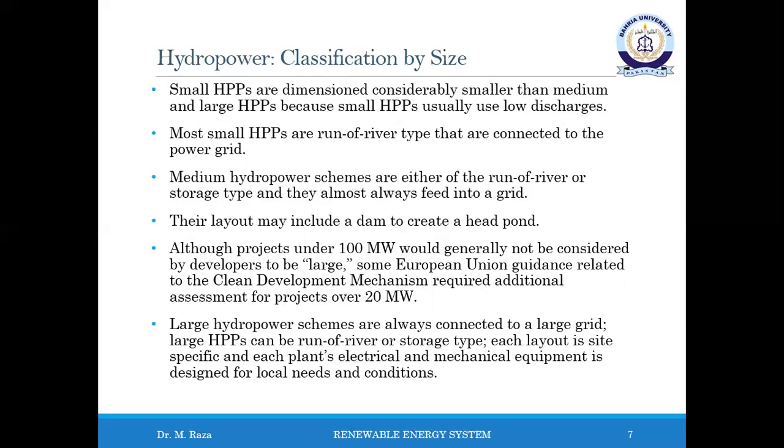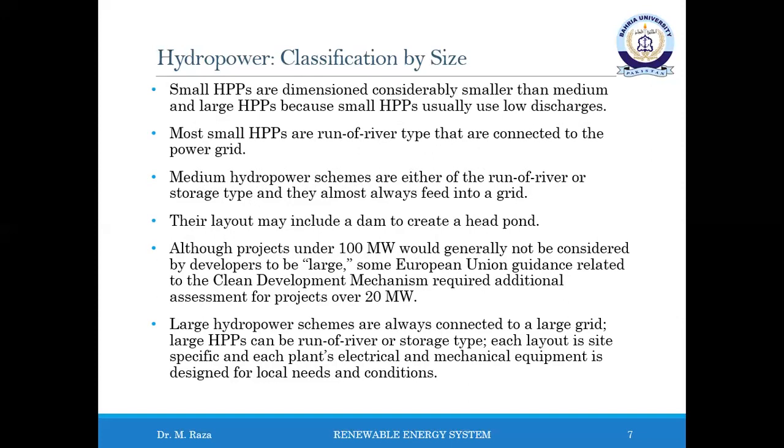Medium hydropower schemes are either of the run-of-river or storage type, and they almost always feed into a grid. Their layout may include a dam to create a head pond, although projects under 100 megawatt would generally not be considered by developers to be large.